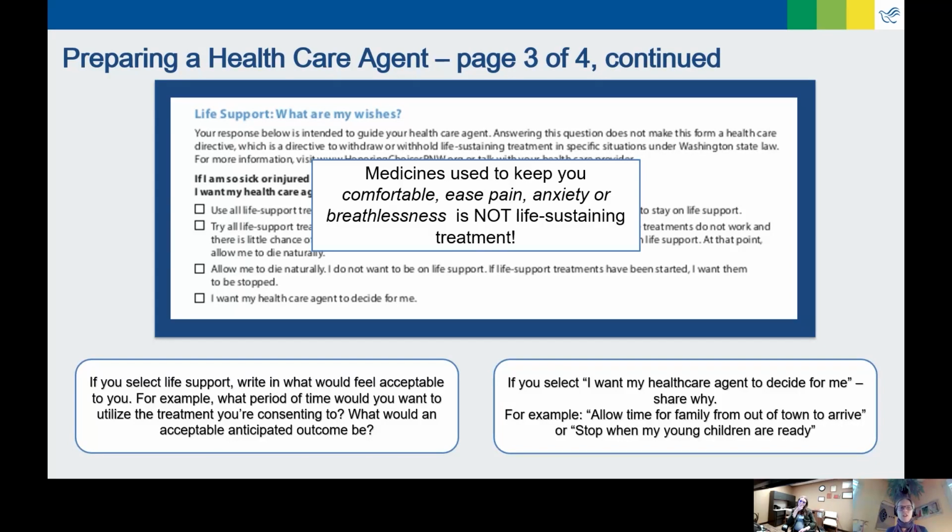But we strongly encourage you to not just choose that last box. However, if that's what is true for you and you really can't make a decision around this, choose the last box. And then the more information you've given in the other parts of the document will help them decide for you. So if that's what feels true to you, feel free to do that.